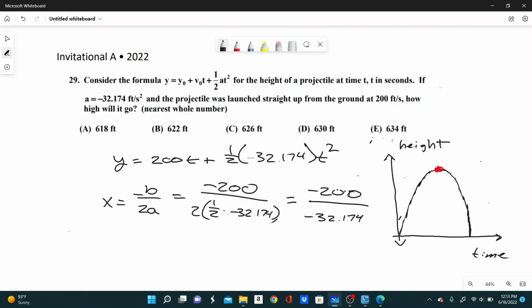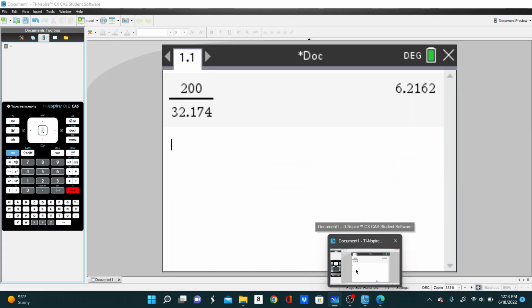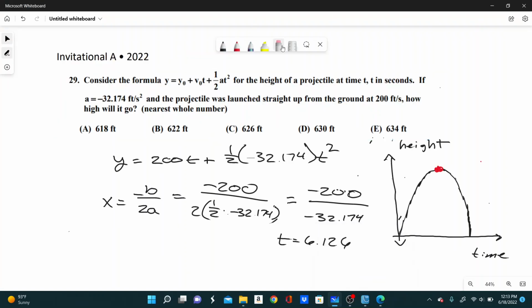Let me write that down. Time equals 6.216 seconds. Let me double check that. 6.216 seconds. So now that we know when the maximum height occurs, we can plug this back into our equation.